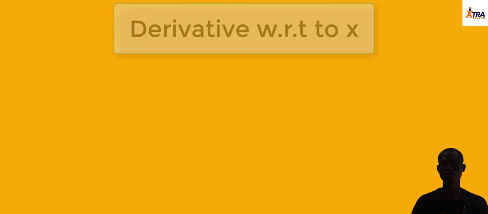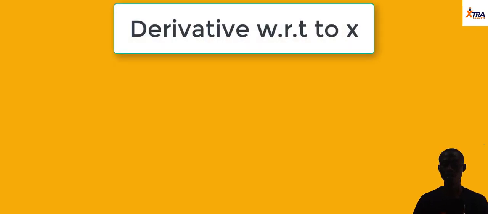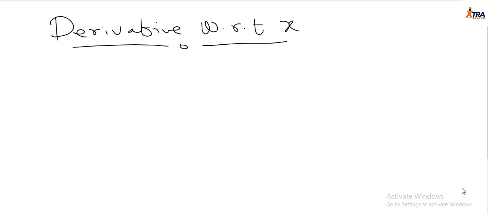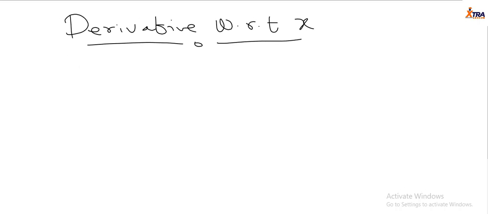So in this class now we are looking at how to differentiate with respect to x, which is derivation with respect to x. Now let's assume given y equals x to the power n.